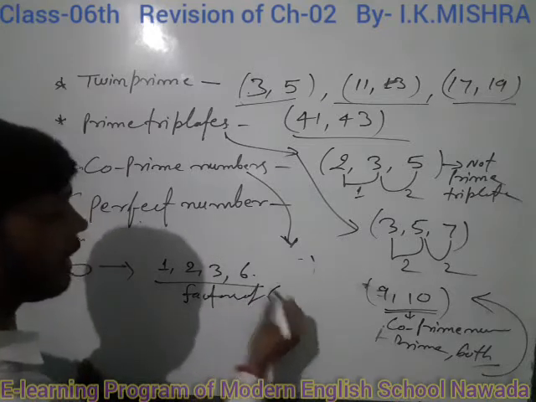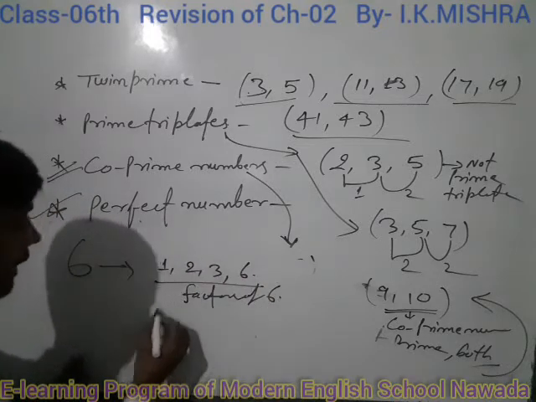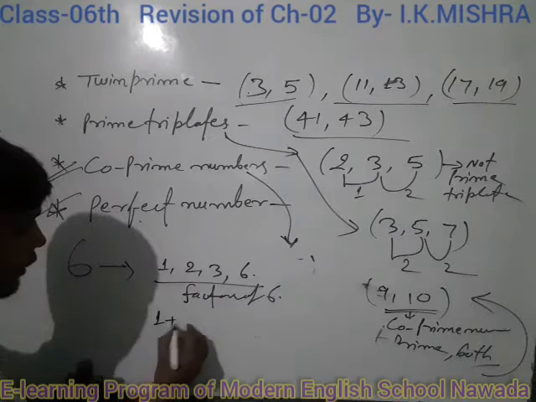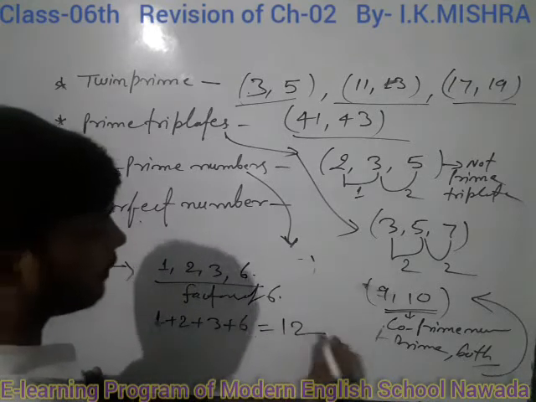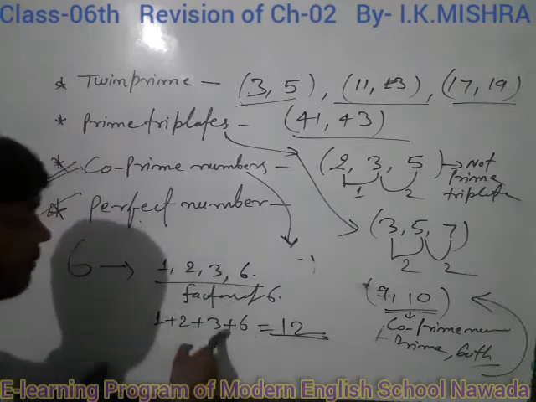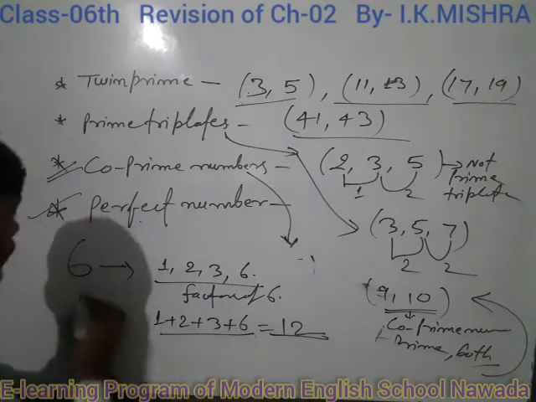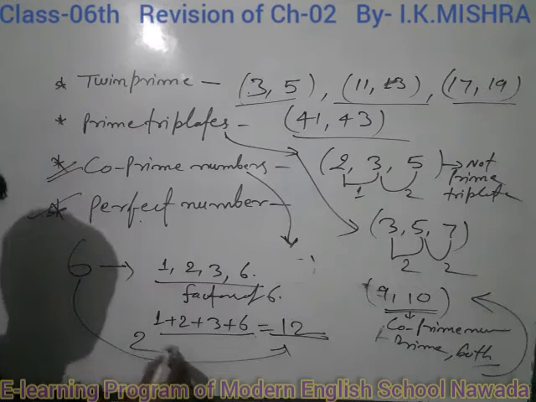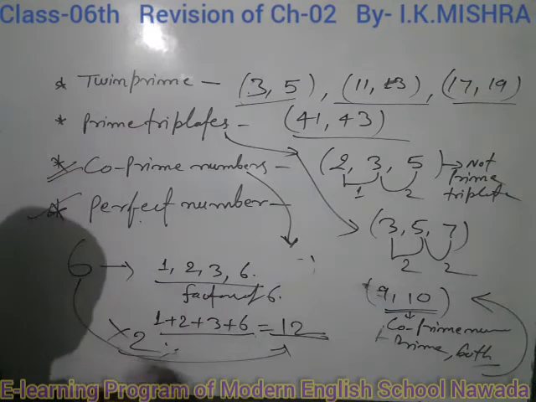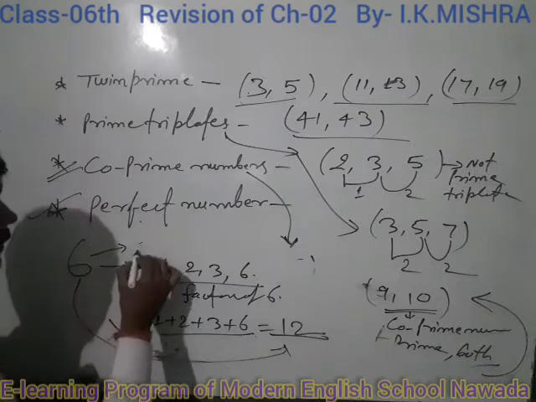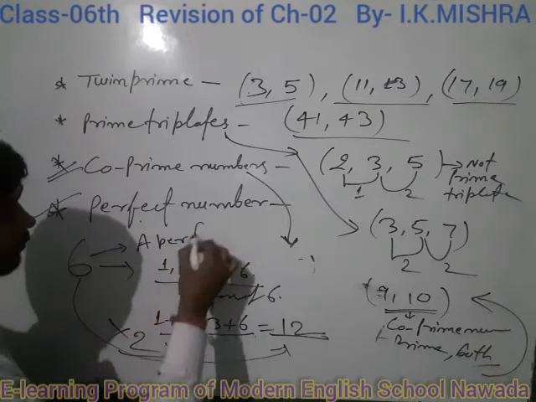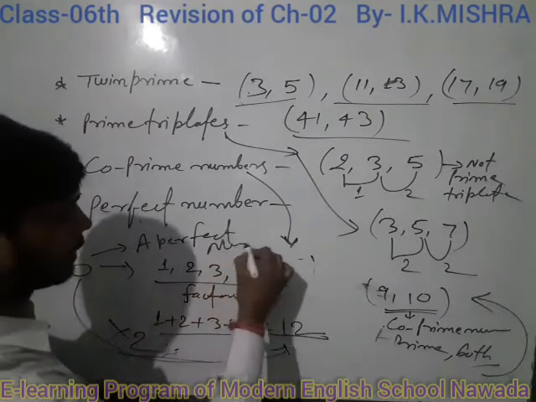When you add, that means find the sum, 1 plus 2 plus 3 plus 6 is equal to 12. Students observe, the sum of the factors is 2 times the number, so 6 is called a perfect number.